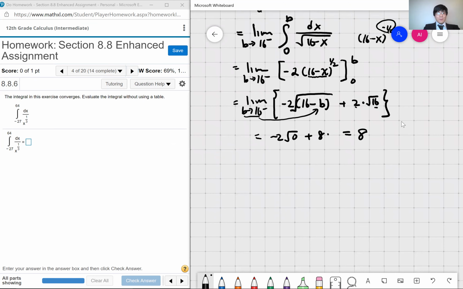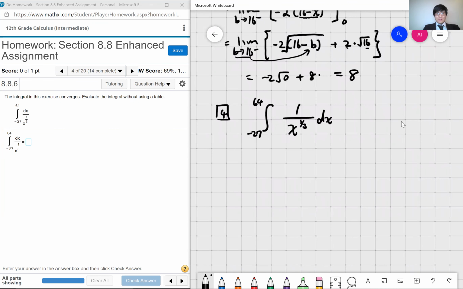Number 4. The integral from negative 27 to 64 of x to the power of 1/3, 1 dx. So this one looks like a normal integral, but remember that this is not defined at x equal to 0.